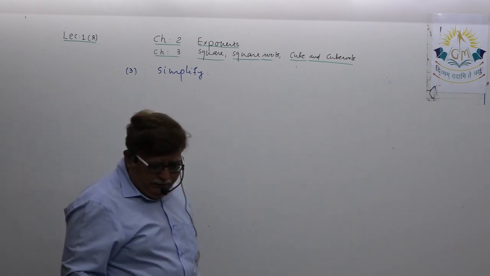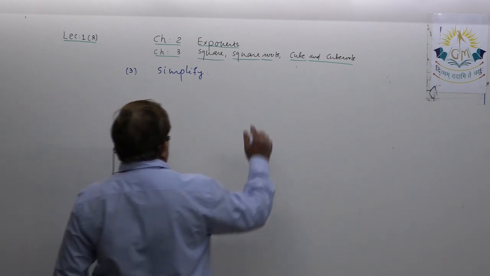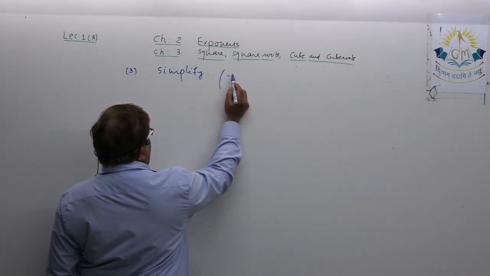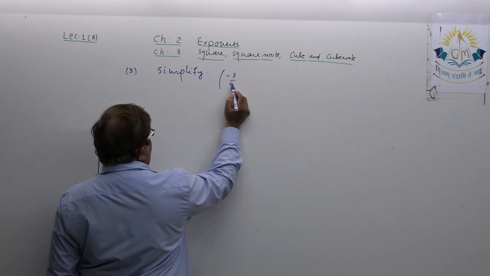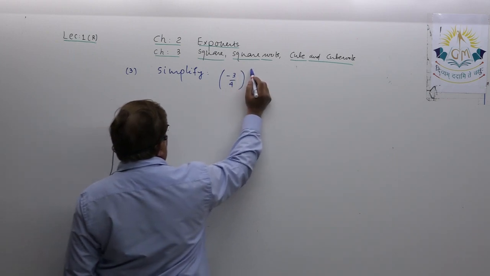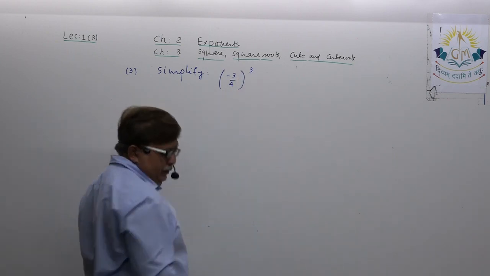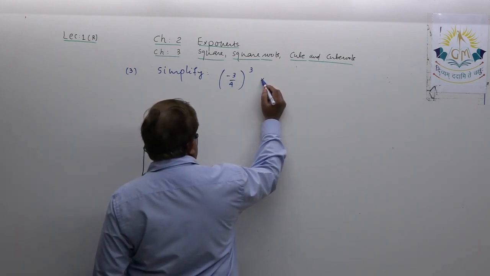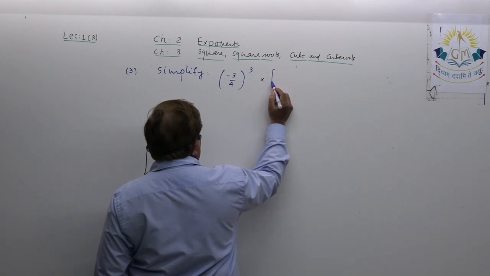Let us write this example first. It is like this: minus 3 upon 4 raised to 3. Okay. Multiplied by, you need to check your basics here. Okay.